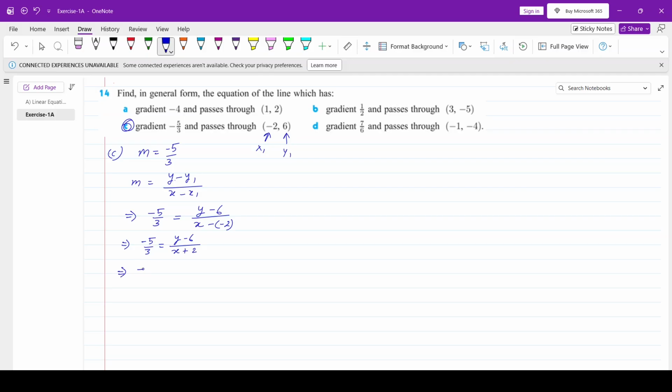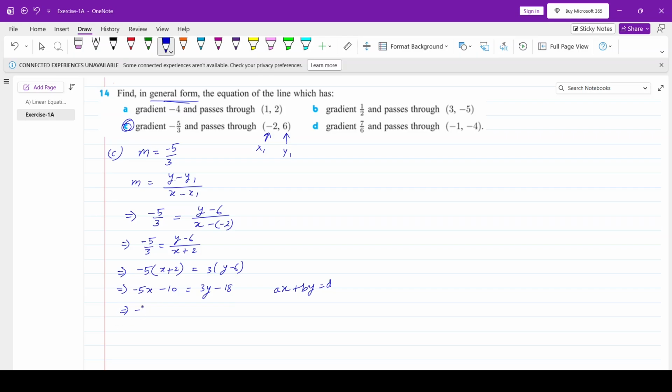By cross multiplying, we have to find it in general form. General form looks like ax plus by is equal to d.